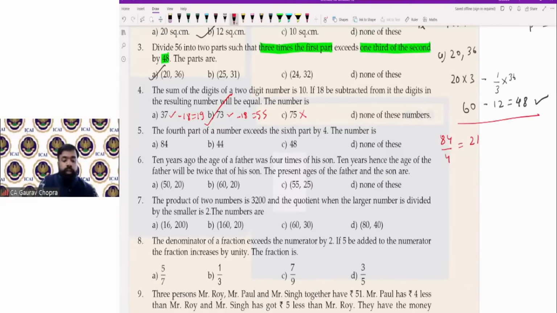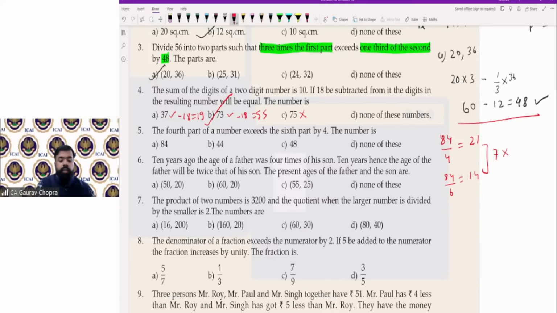And 1/6 of 84, 84 by 6, how much are you getting? 14. Now the difference should be 4, but here difference is 7. So first option is wrong.